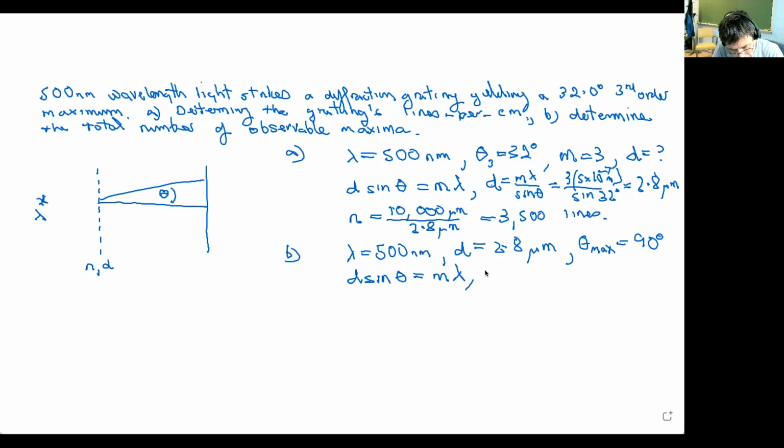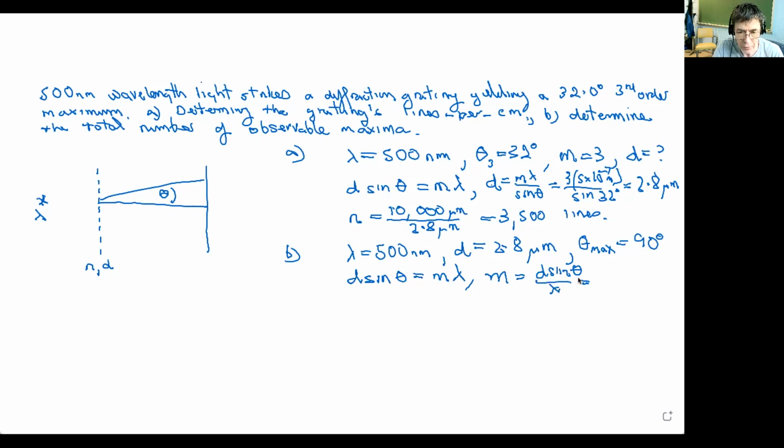But in this case, I'm going to rearrange for m in terms of the wavelength of the light, the maximum angle of the diffraction pattern, and the slit separation. So if I rearrange this equation, I'm going to get m equals d sine theta divided by lambda.